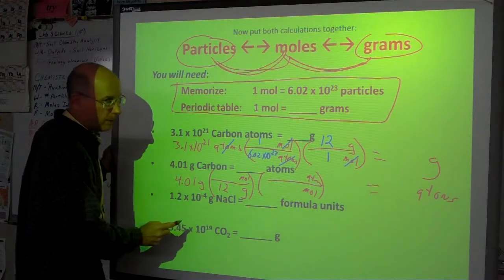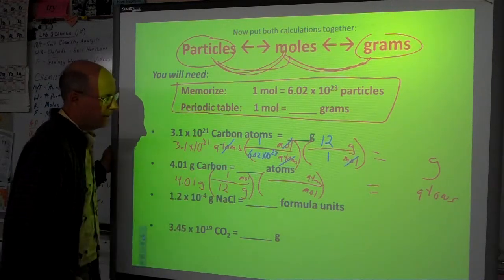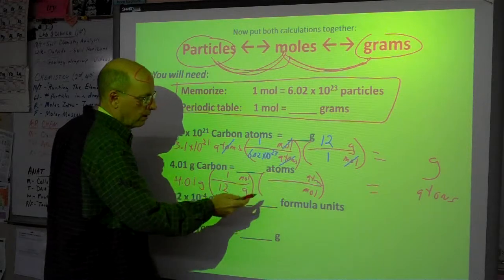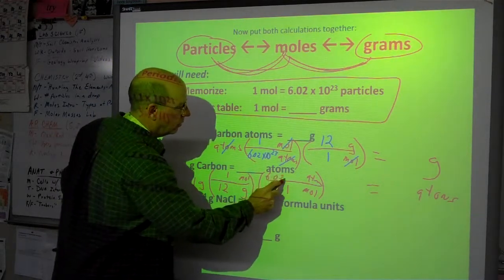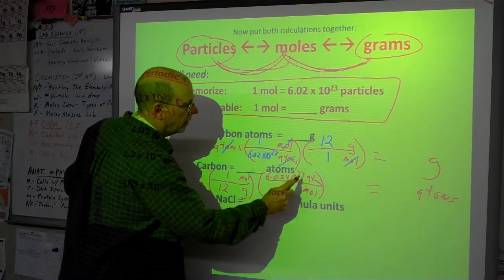12 grams on the bottom this time, 1 mole on the top. And then over here, moles to atoms. 1 mole is how many atoms? 6.02 times 10 to the 23rd atoms.